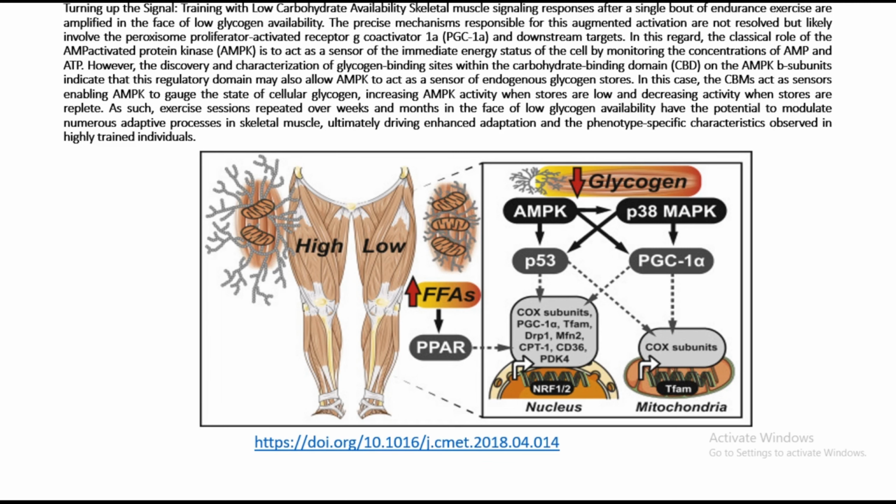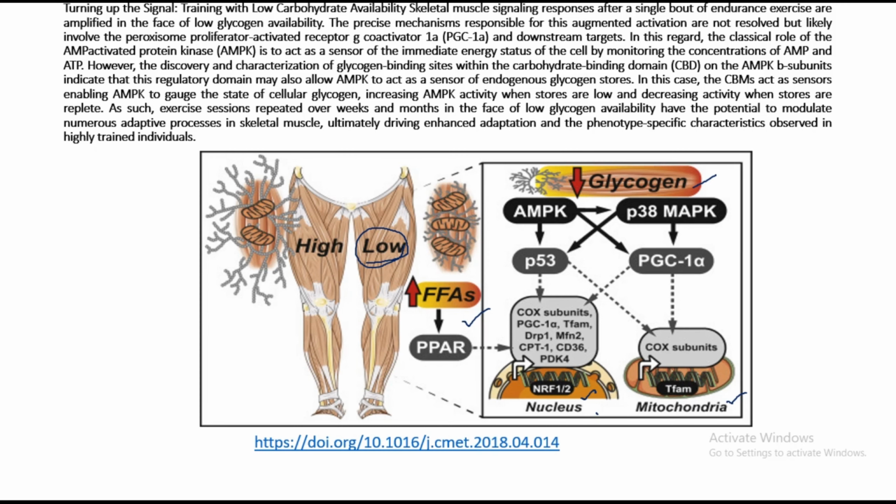And this slide shows how a low carbohydrate diet, a low carb diet, enhances specific gene activations in the nucleus of the muscle fiber as well as in mitochondria, so that it facilitates free fatty acid utilization and decreases the feeling of fatigue.